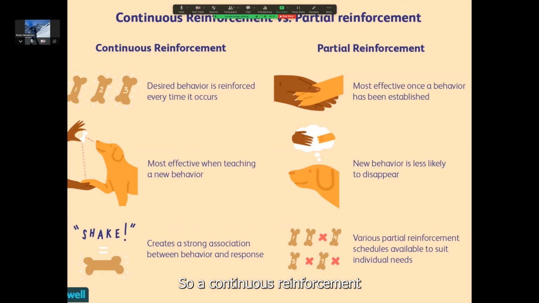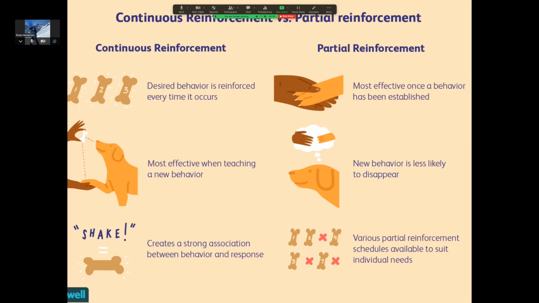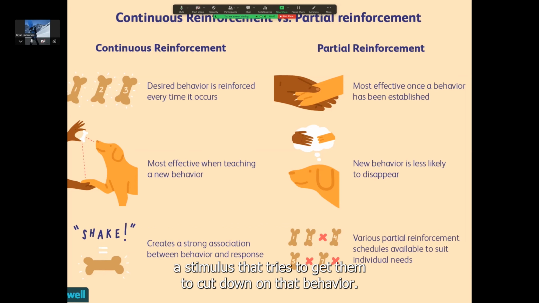A continuous reinforcement schedule is quite simply this: every time a learner has a behavior that is desirable, you give them reinforcement. Or you could flip that on its head, and every time they do something that is not desirable, you present or take away a stimulus that tries to get them to cut down on that behavior.